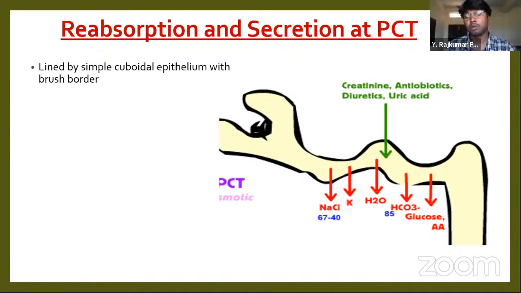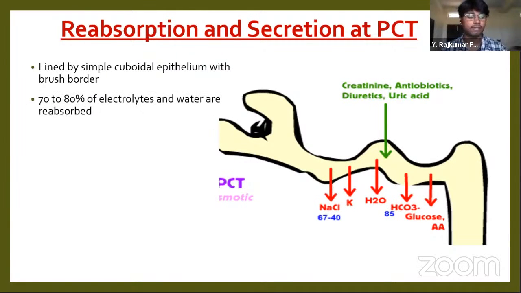In the small intestine, you can see the villi structure, isn't it? For increasing the surface area, for efficient absorption. The same way, PCT contains brush bordered cuboidal epithelial cells, and these help in the process of absorption.